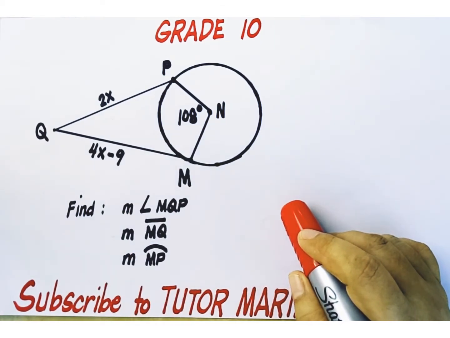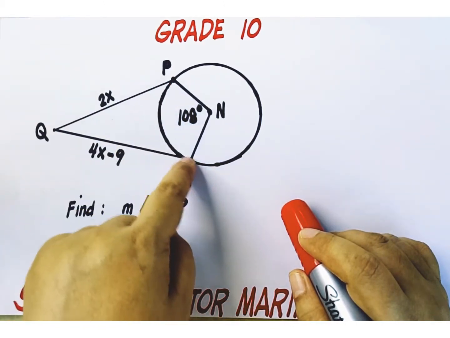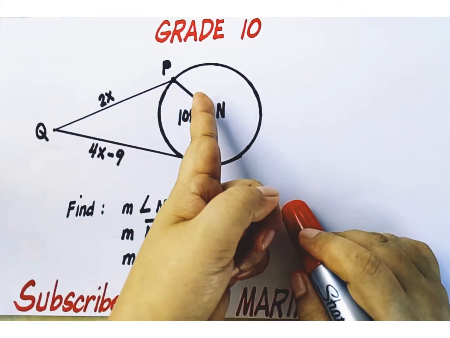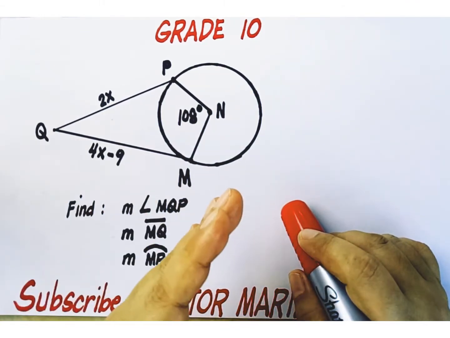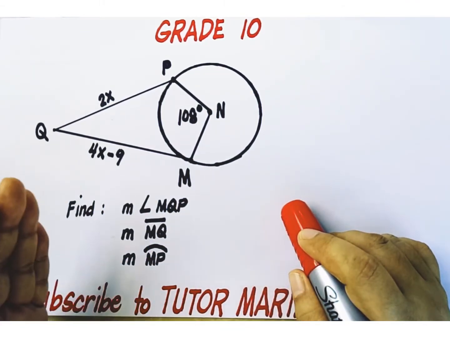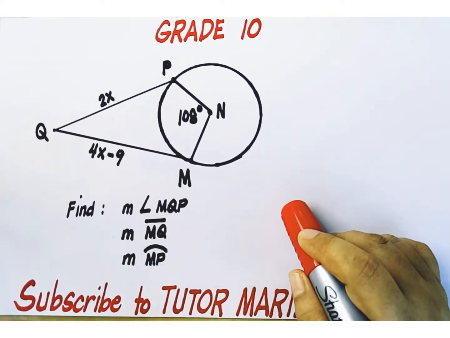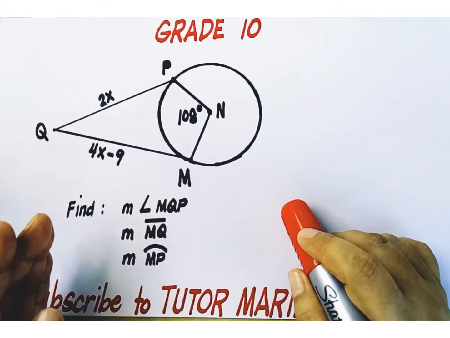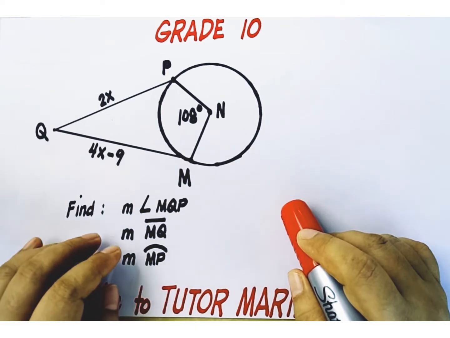Okay, so let's start by finding the measure of arc MP. Arc MP is the intercepted arc of this central angle. To find the measure of the intercepted arc of a central angle, let's use the relationship stating that the measure of a central angle is equal to the measure of its intercepted arc.